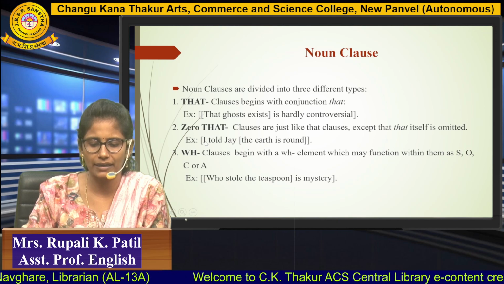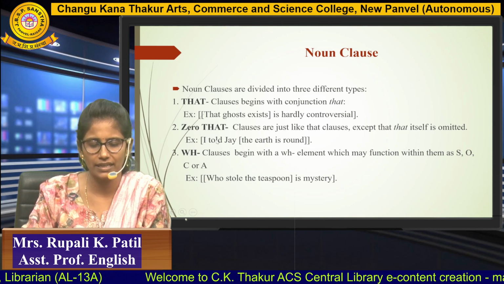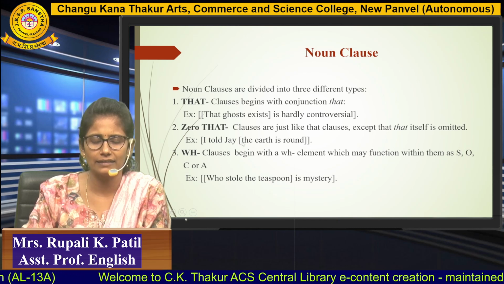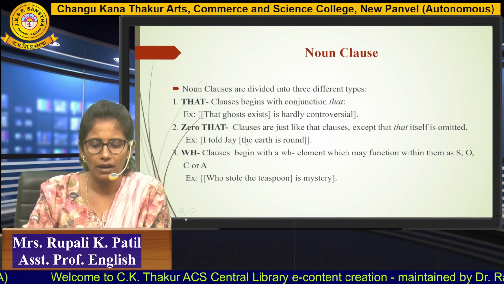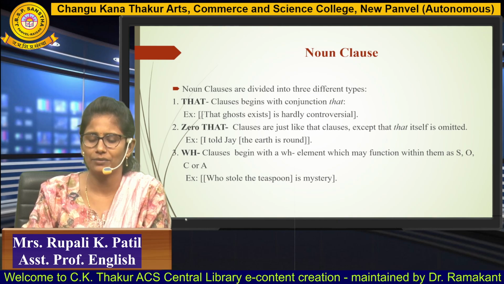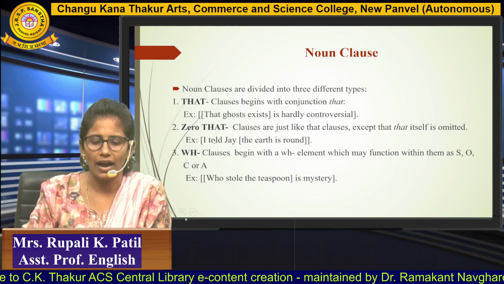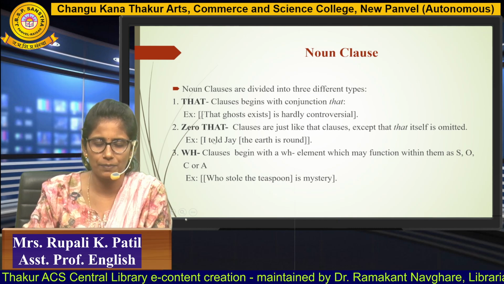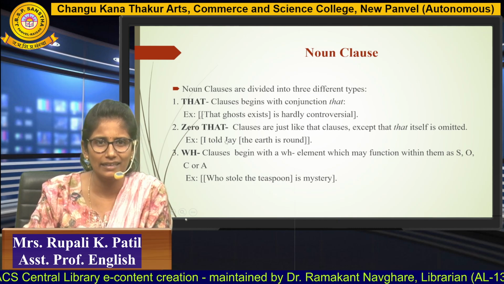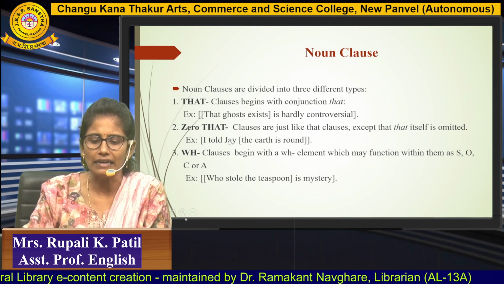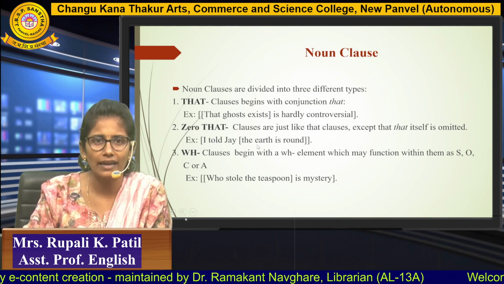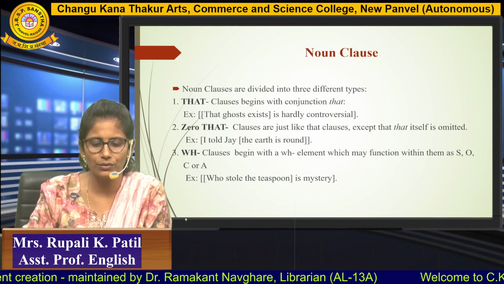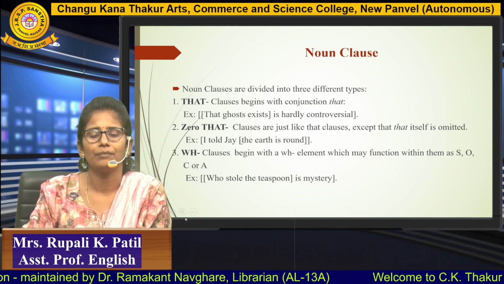As per the bracketing, you can identify I told Jay as the main clause and the earth is round as the subordinate noun clause. I is a subject, told is a predicator, Jay is an indirect object and the earth is round is a direct object. If you want, you can add that before the earth.